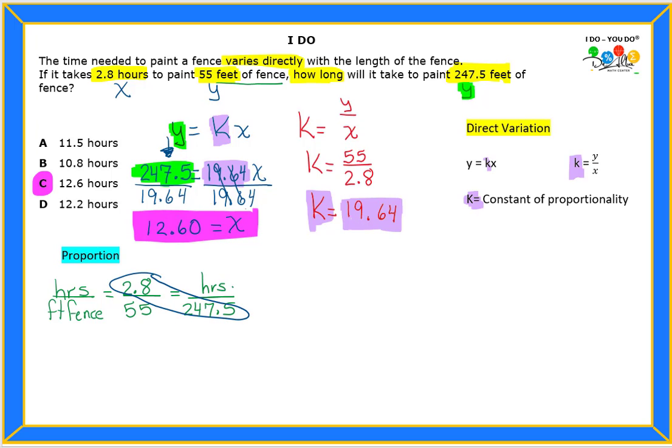So you can multiply 247.5 times 2.8. Go ahead and put them in the calculator. Once you get an answer for that, I want you to divide by 55, because that's the way we do proportions, right? You multiply and then you divide. And that will give me the hours equal to, and you should get the same thing, 12.16.